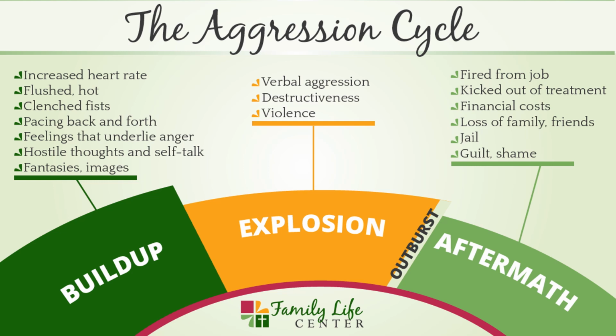And so the intensity, the frequency, and the duration of the anger in the aggression cycle varies among individuals. So for example, one person's anger may build rapidly after a provocative event, and within just a few minutes, it's going to reach the explosion phase. Another person's anger may build slowly but steadily over several hours before reaching the explosion phase.